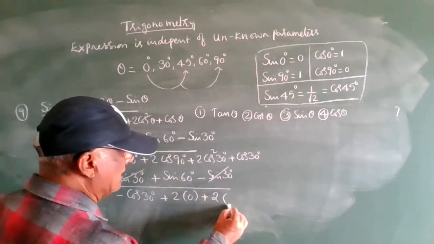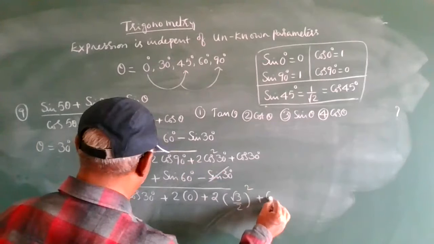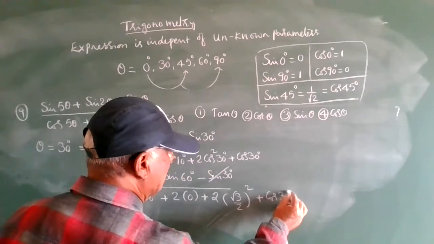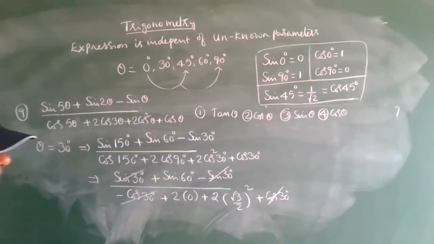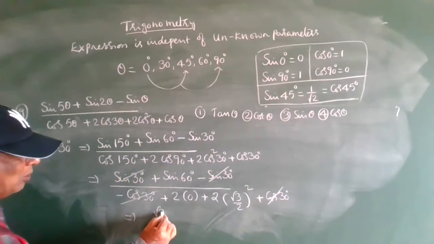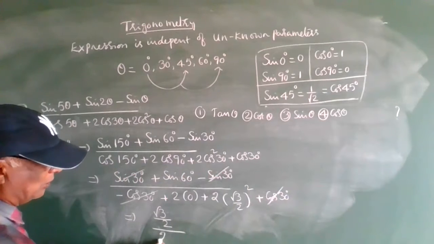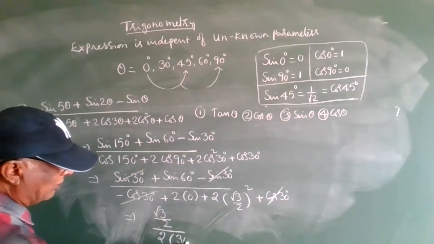Therefore, cos 30 degrees value is root 3 by 2 squared plus cos 30 degrees. Cos 30 degrees and cos 30 degrees both are cancelled. Therefore, sine 60 degrees value is root 3 by 2, so here 2 into 3 by 4.